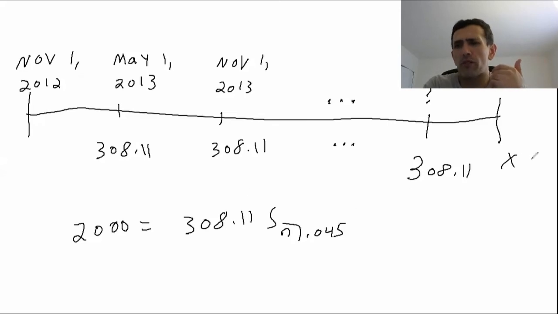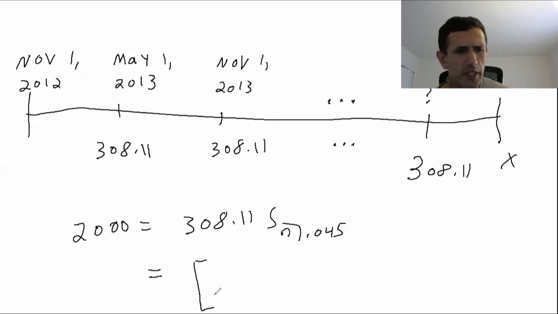That's the whole point of this final payment 6 months after the last 308.11, to get to 2,000. Okay. So this is pretty straightforward. I'm not going to go into details here. Solving for n, if you can't solve for n, you are definitely in some trouble.